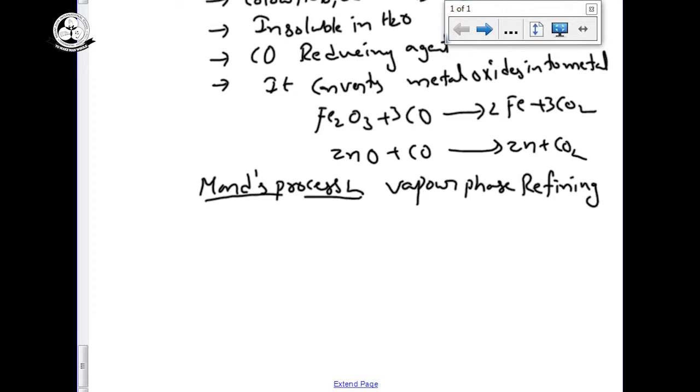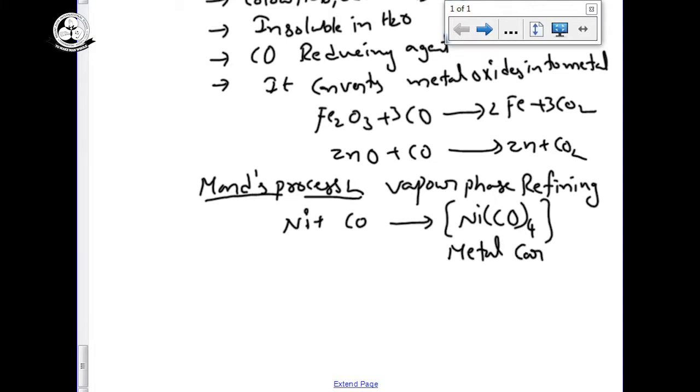All these equations we are going to repeat in the metallurgical process of the 12th standard. Nickel, on reaction with carbon monoxide, forms the complex Ni(CO)4, called a metal carbonyl.